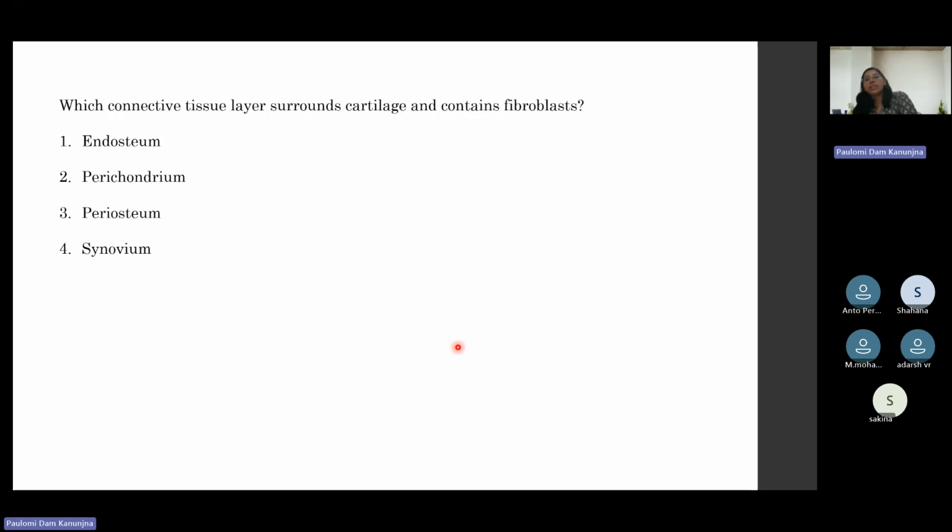Which connective tissue layer surrounds cartilage? So around cartilage, which layer do you have? And that layer contains these fibroblasts that we have just discussed.